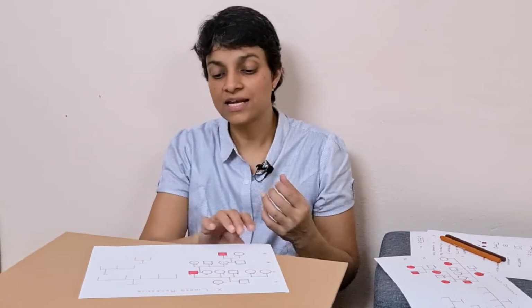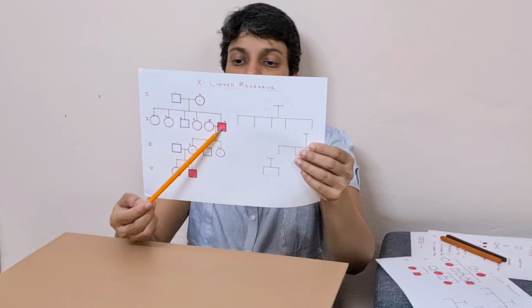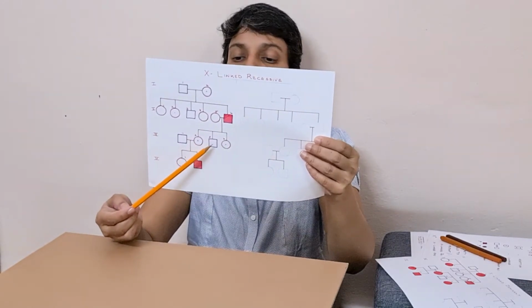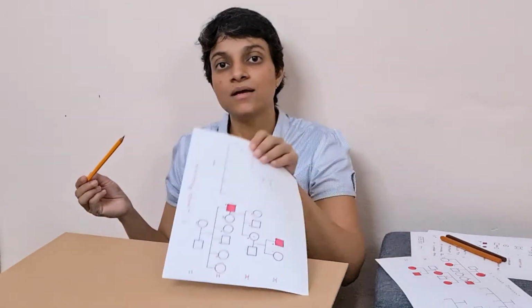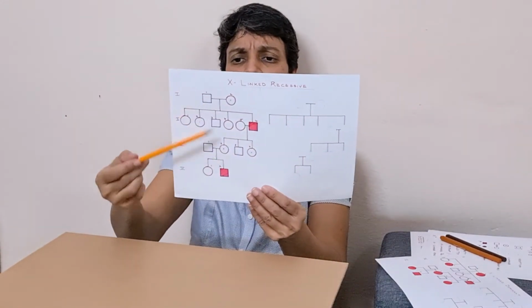That means if there is an affected father, the affected father cannot pass it on to the boys because the father passes on the Y chromosome to his boys, not X. So X-linked recessive disease. You can identify it as recessive because there is skipping of generations.